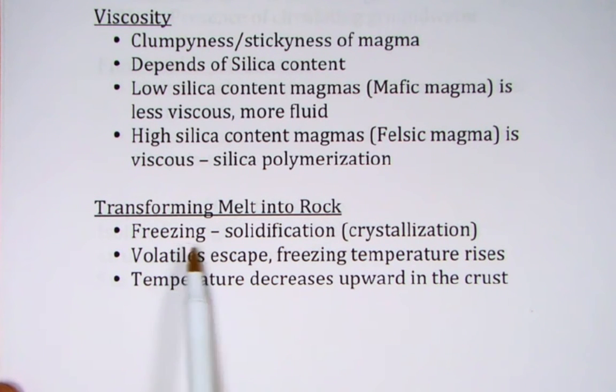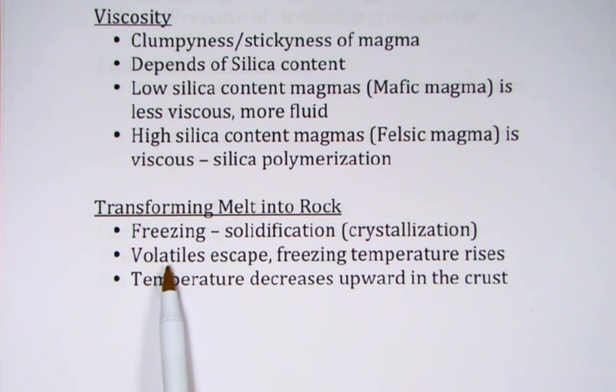Now, when you're thinking about making this magma into a rock, your book uses the word freezing. I usually use the word solidification or crystallization, because as the magma cools, it's going to form mineral phases, crystallization, and it's going to eventually solidify into a rock. But your book uses the term freezing. As the magma moves upward through the crust, it's going to start losing volatiles, because the volatiles will escape more easily.